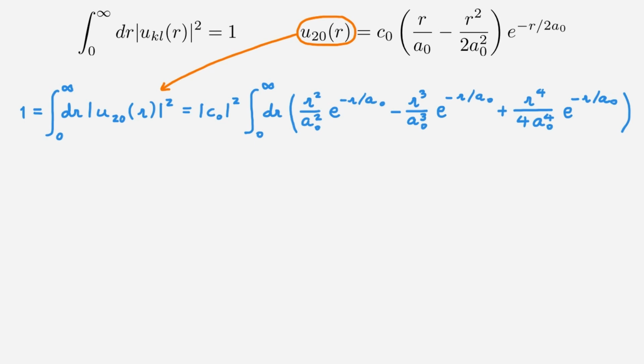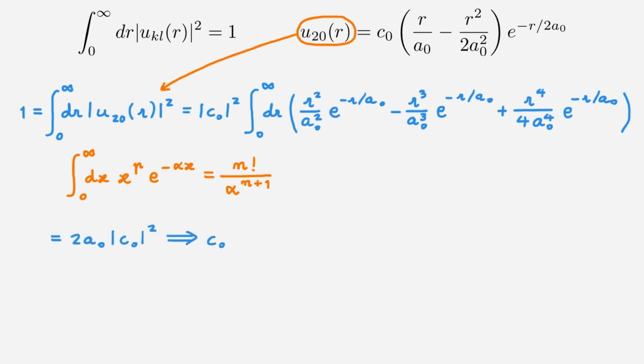Feel free to pause here to cross-check this step. Each of the terms in the integrand is a power of r times an exponential, so we can again use the same standard exponential integral to evaluate each term, which remember is given by this expression. Now I'm going to skip a few manipulations which I encourage you to fill in, and this is what we get.